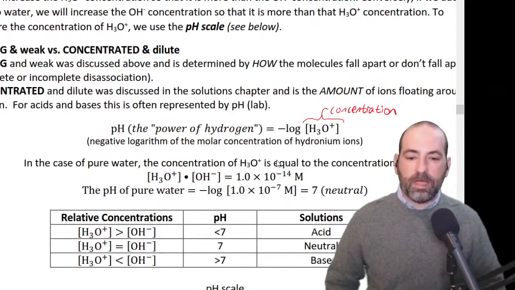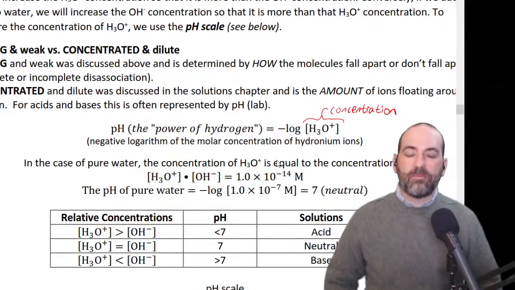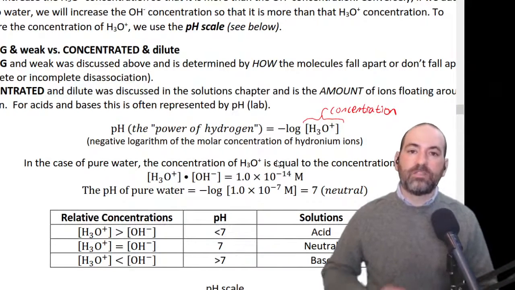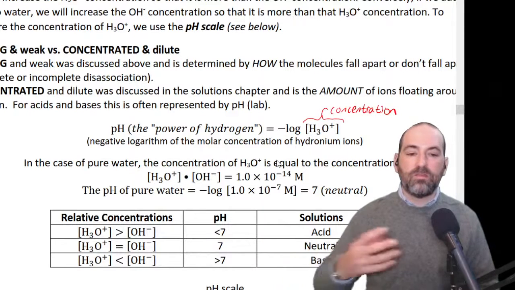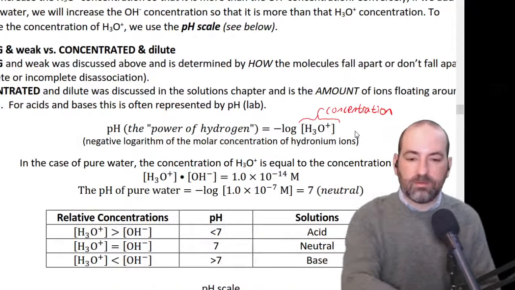If you remember back to middle school or elementary school math class, whenever you did logs, I know it's probably been a while for most of you, a log is a mathematical operation that returns the exponent. So if you take the log of 10 raised to a certain power, you get the power back.